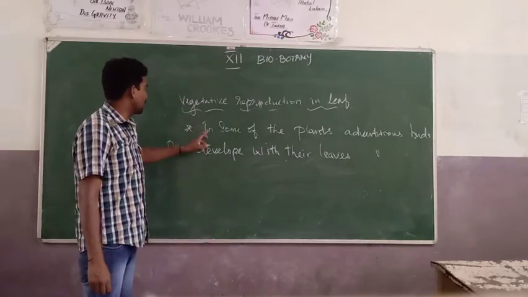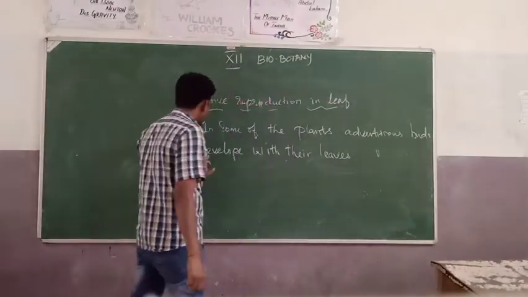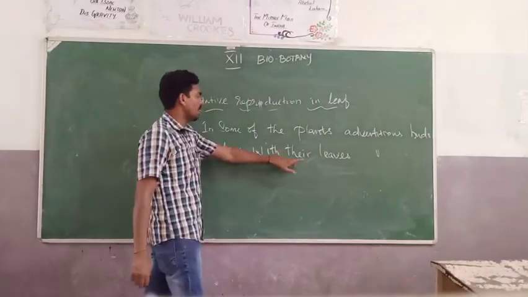What is the character of reproducing leaf? In some of the plants, adventitious buds develop with the leaves.